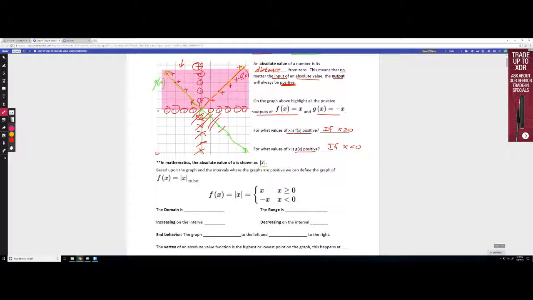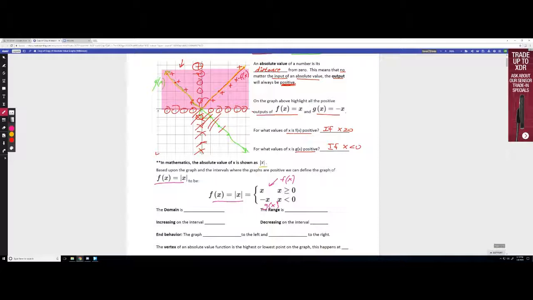Based upon the graph and the intervals that we just did, we know that we could define f of x equaling the absolute value of x to be this. Here's f of x equaling x, and it equals two situations. One we saw in f of x, where the values were greater than or equal to 0, or that situation with g of x where all your positive outputs were when x was less than 0.